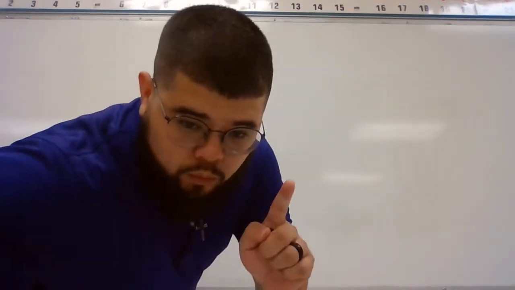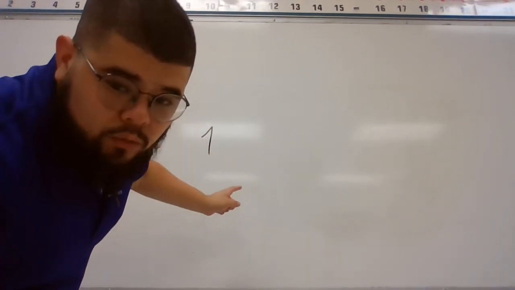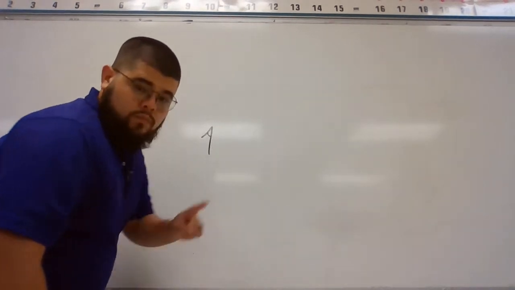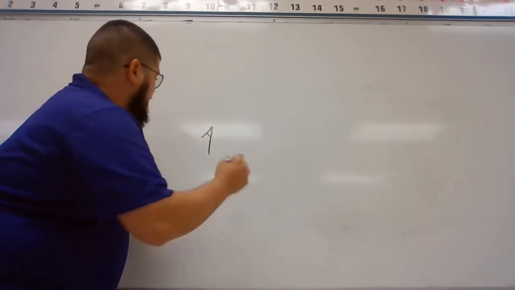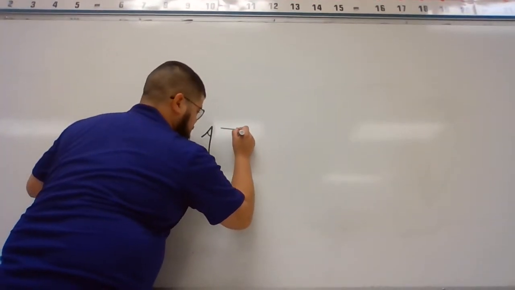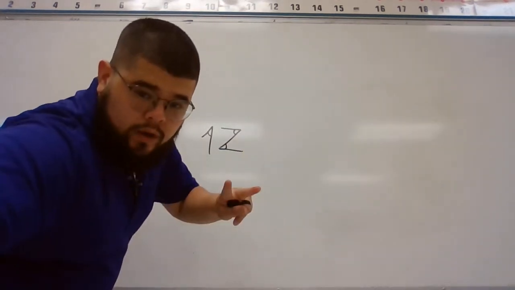So we're going to start with the number one. Look at the number one. How many angles does it have in it? One angle, right? And then the next number is the number two. Two angles, right?